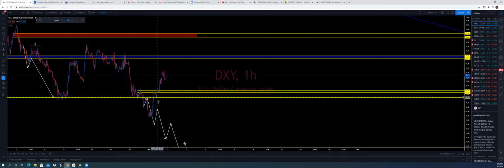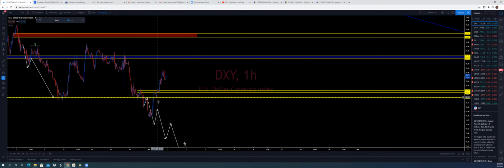I want to see is it going to start to lose steam and sell off again, or is it going to push right through that level? If it pushes right through that level, then I expect the dollar to come and retest this price level right here at the bottom of this structure.